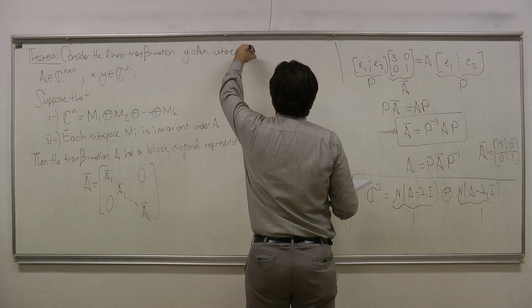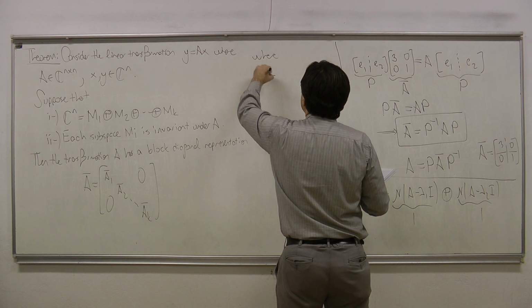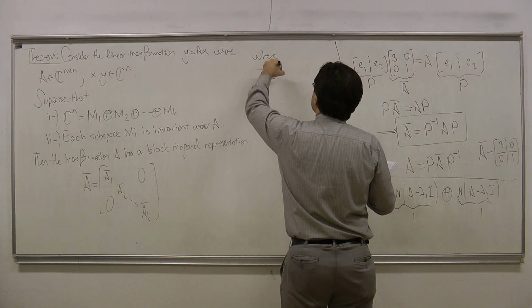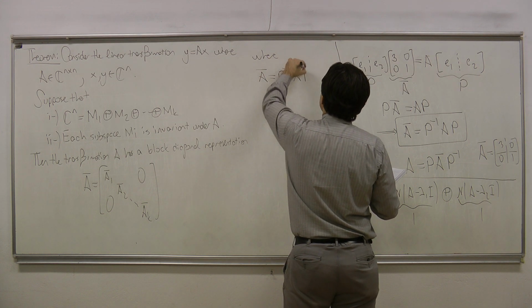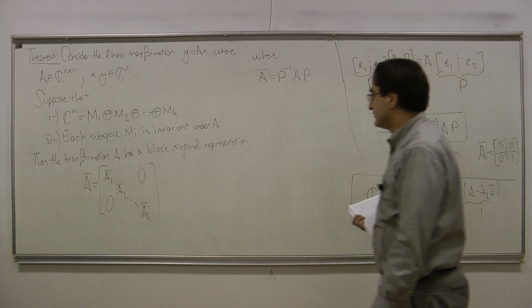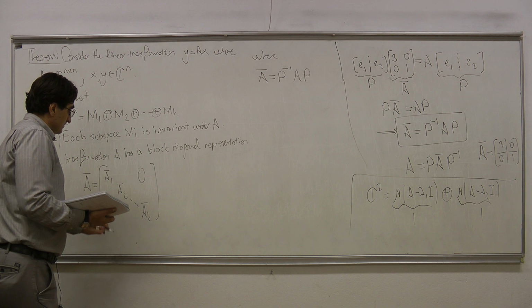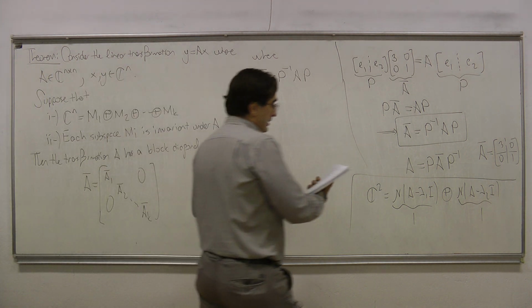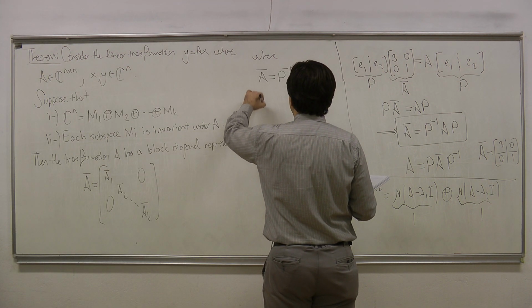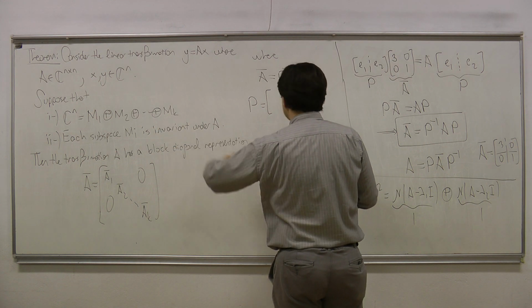Of course, this A bar can be written as P inverse AP, the same basis change formula. And this P matrix is composed of the basis vectors of these subspaces.